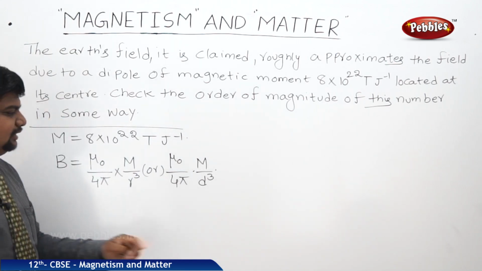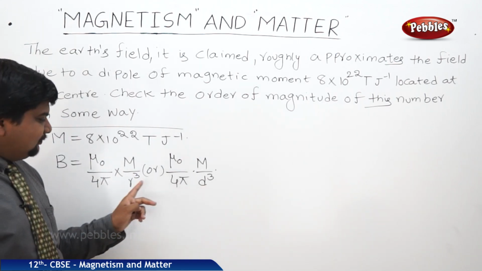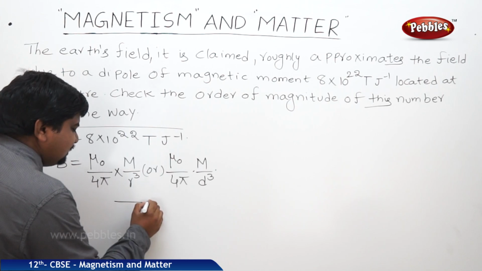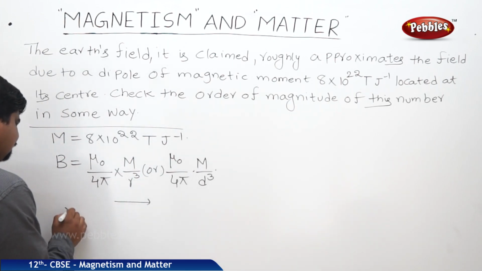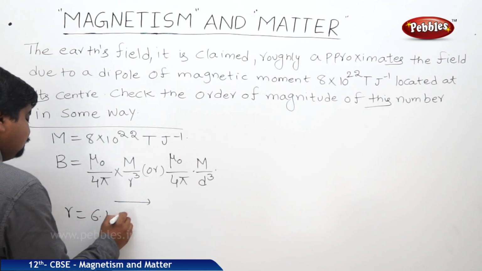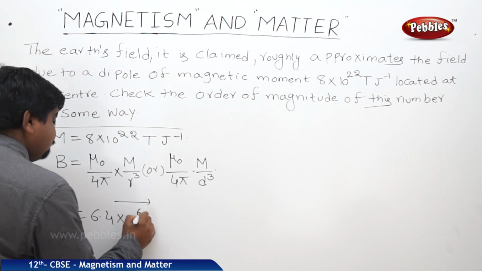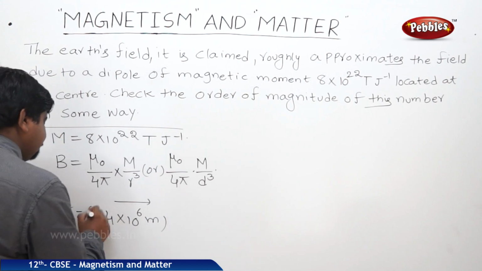So at its center, d is nothing but the distance from one point to its center, which is the radius of the Earth. So we know that radius of the Earth r is equal to 6.4 into 10 to the power of 6 meters.